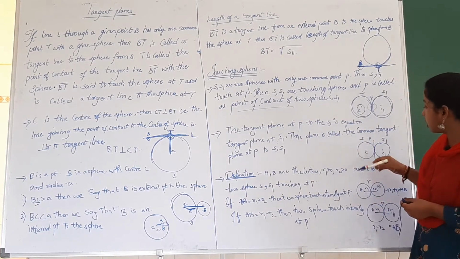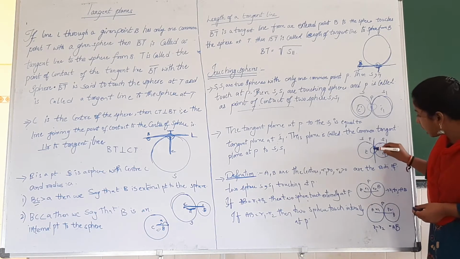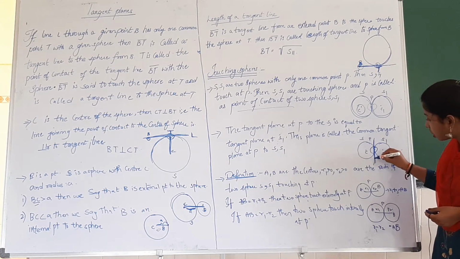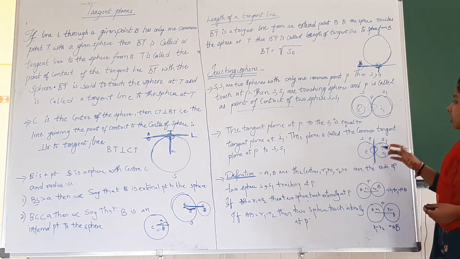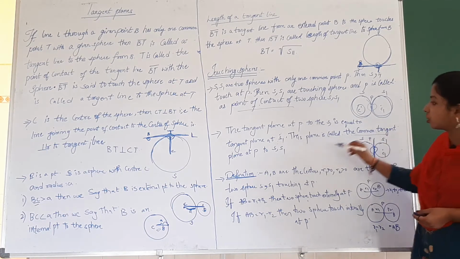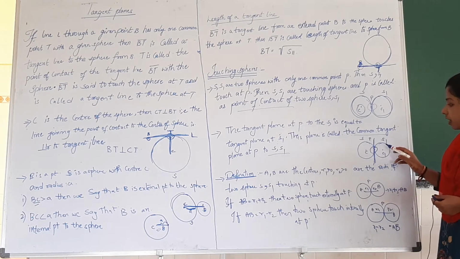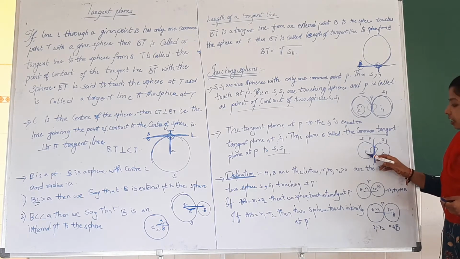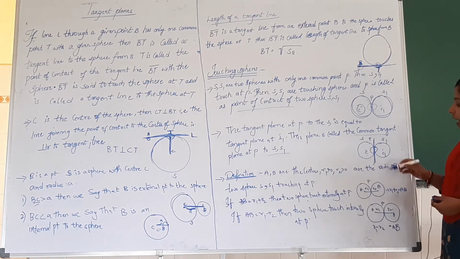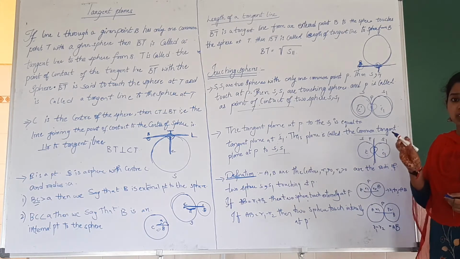And the next thing is, through this common point P, if a line is passing through it, we can say that line is a common tangent to the two given spheres. Here S is a sphere, S1 is another sphere, C is the center of S and C1 is the center of S1, and P is the point where these two spheres are touching each other.